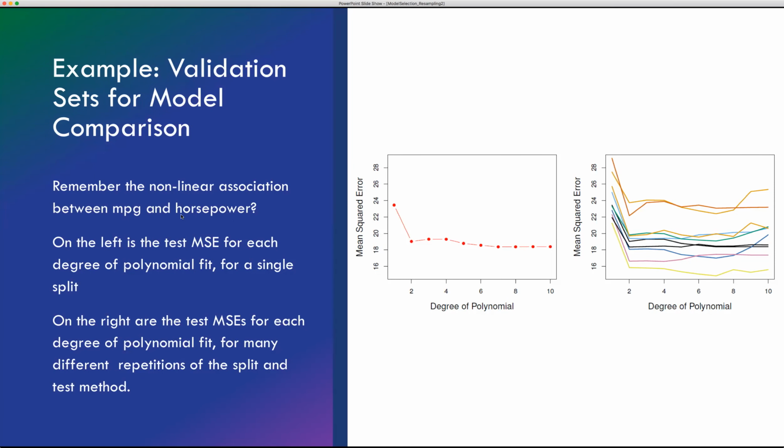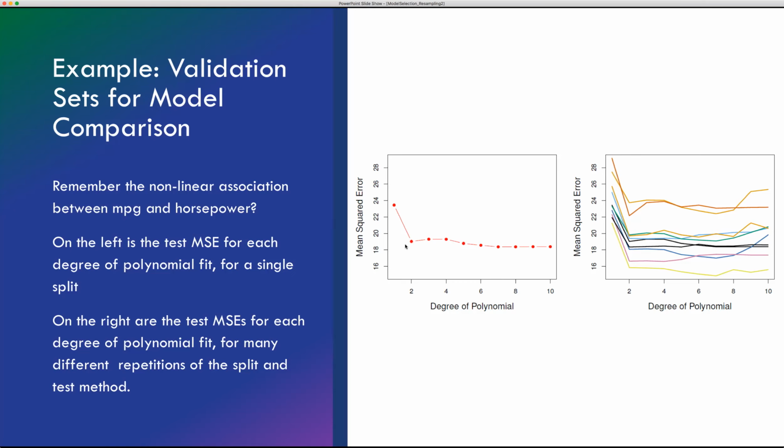For this example, we want to tell how many degrees of the polynomial we should use to fit the relationship between MPG and horsepower.